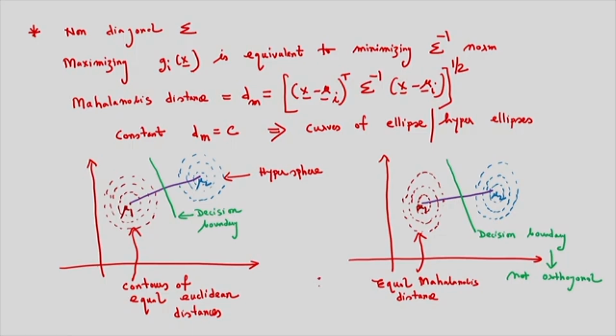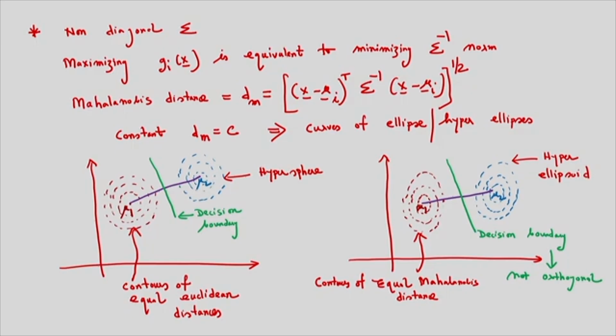So for two-dimensional, it is the contours of the ellipse, and if I consider the high dimensional, then we can consider hyperellipsoid. For high dimensional case, we can consider hyperellipsoid.